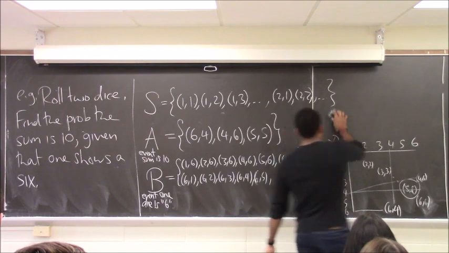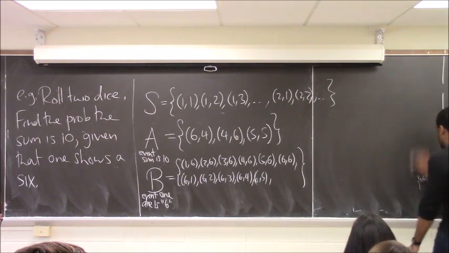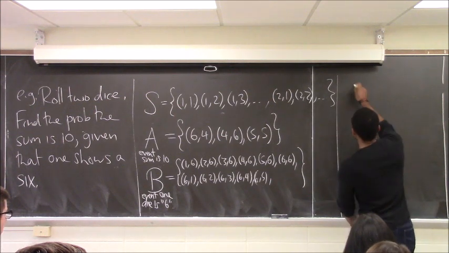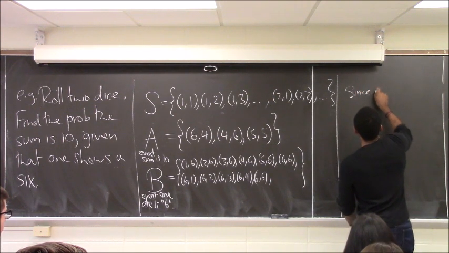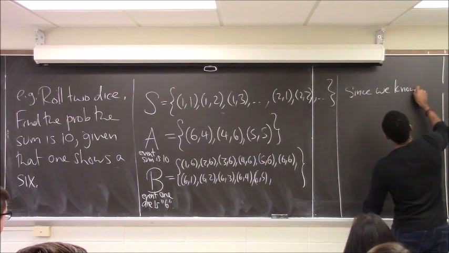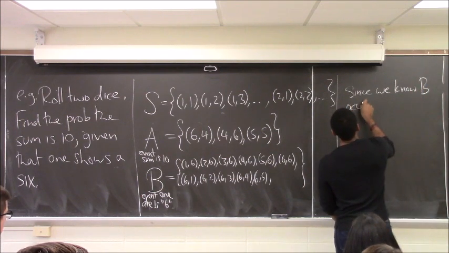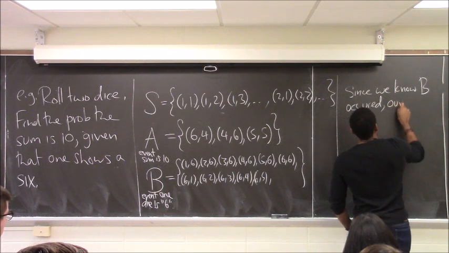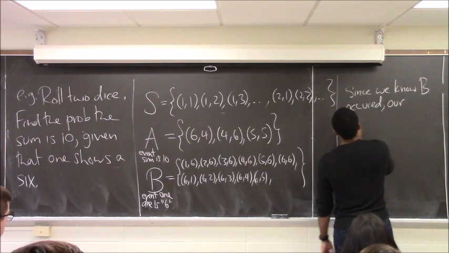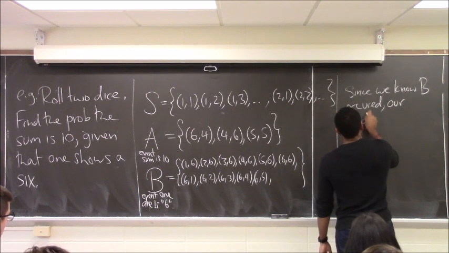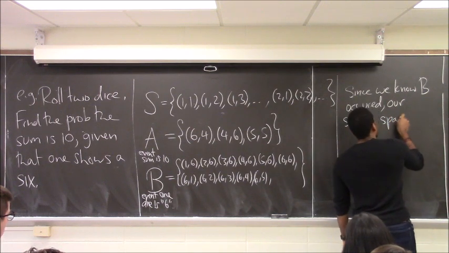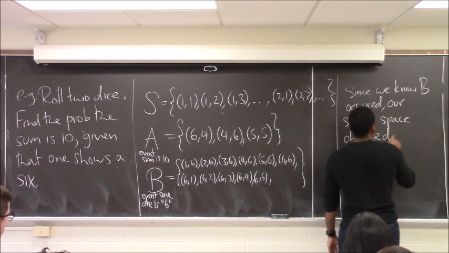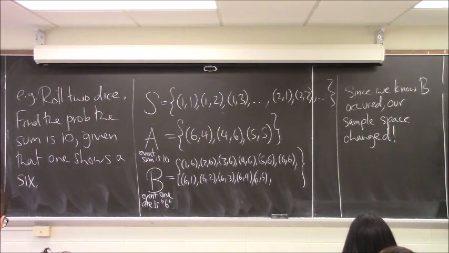Now, we can reason through this then and say, since we know B occurs, our sample space changed. Giving new information means our sample space is going to change.